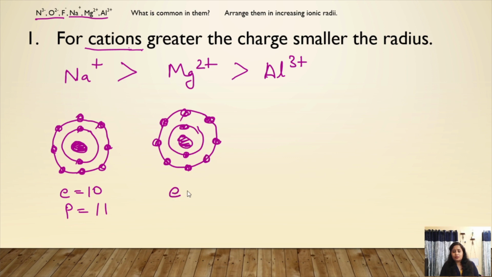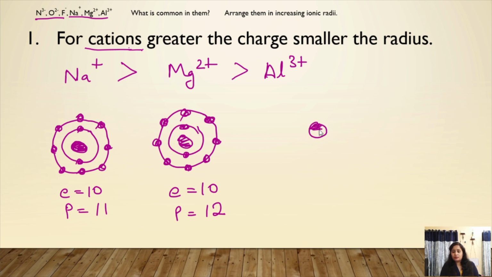Now, electrons 10 and protons will be 12 as magnesium has 12 protons. And in case of aluminium, why should I write aluminium over here? We need to draw the octets of aluminium 3 plus.